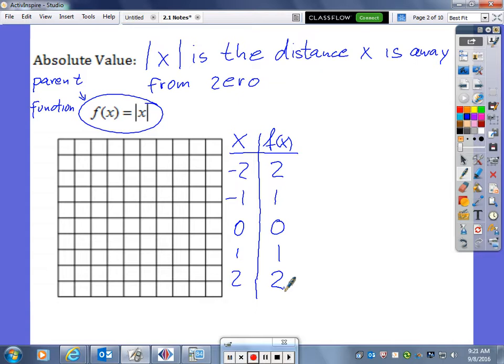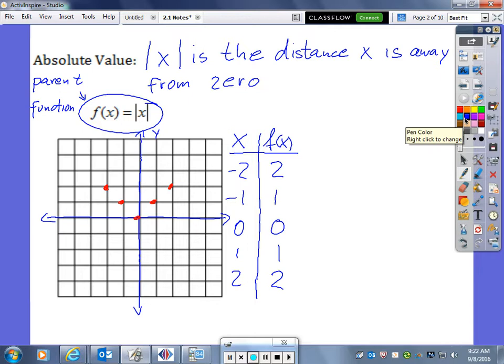Let's go ahead and put the coordinate plane here. This is our y-axis and our x-axis. And I'm going to go ahead and plot the points that we have just jointly come up with. -2 and 2, -1 and 1, 0, 0, 1, 1, and 2, 2.